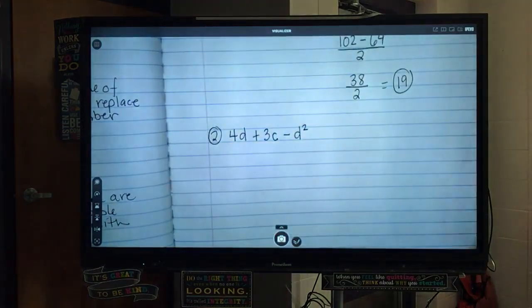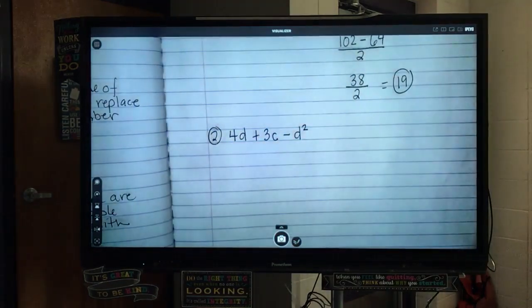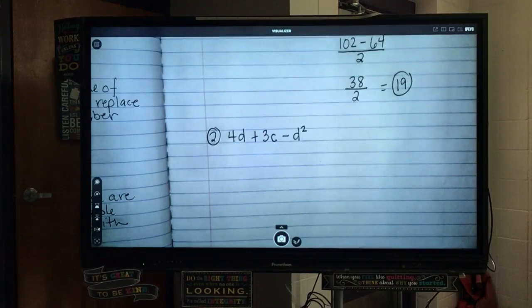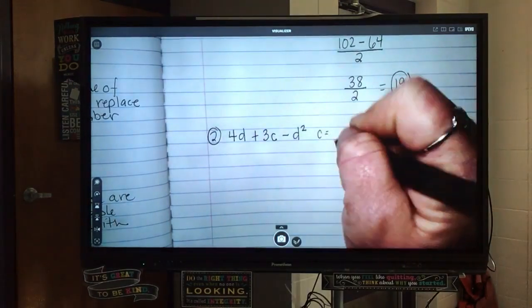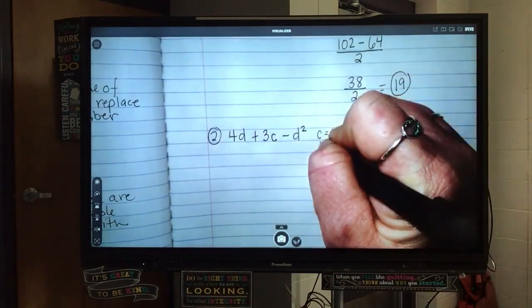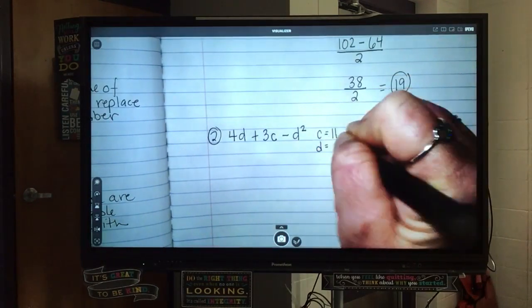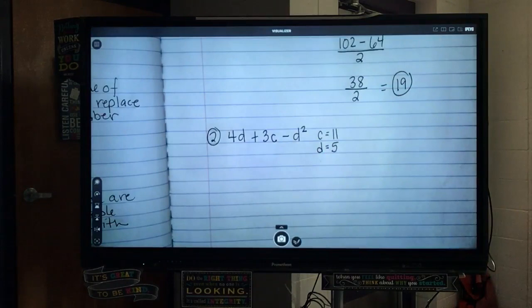They also have them as capital letters. I don't like writing them as capital letters. I write all of my variables as lowercase letters. Okay? And then c equals 11 and d equals 5. So what is the first thing that we have to do?